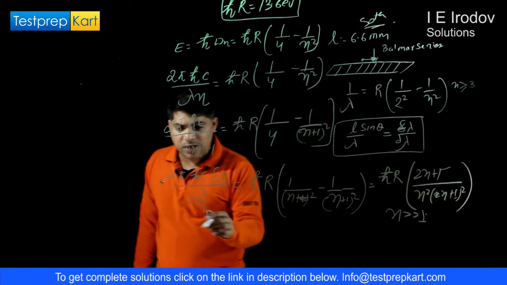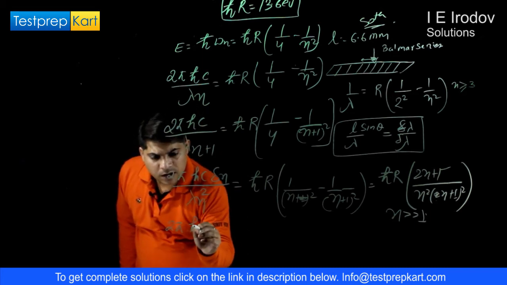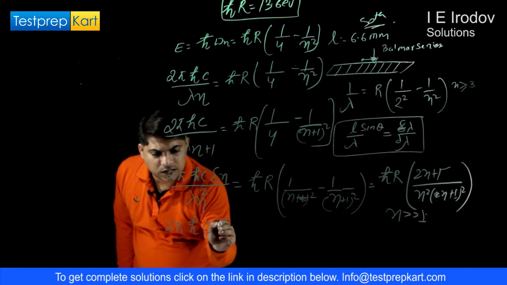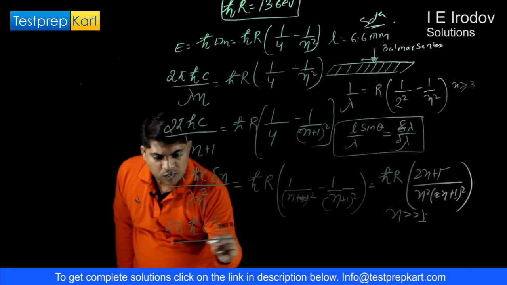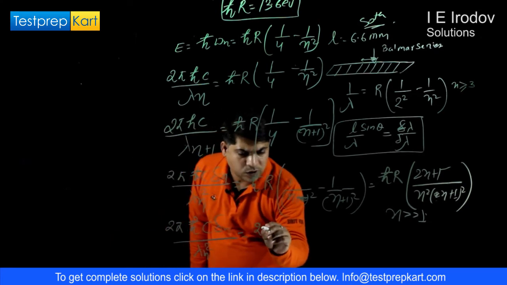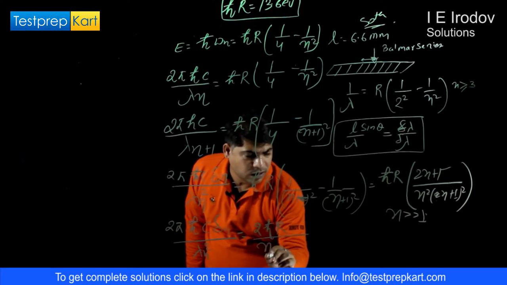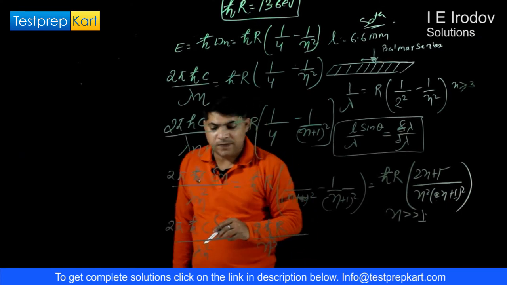So from here we get 2 pi h c delta lambda over lambda n square is equal to 2 h R over n cube.